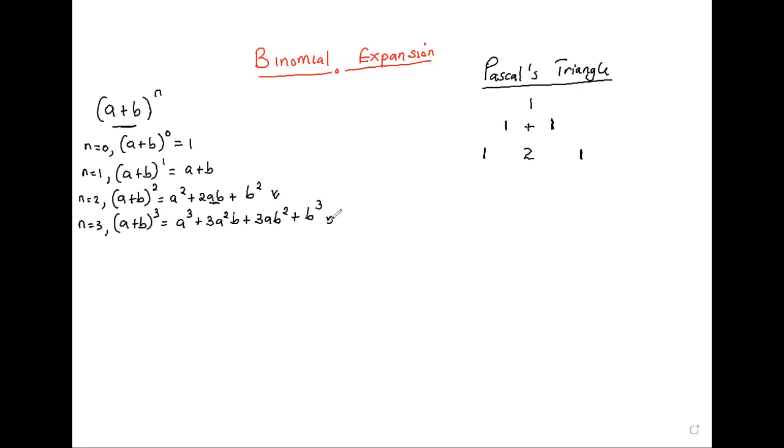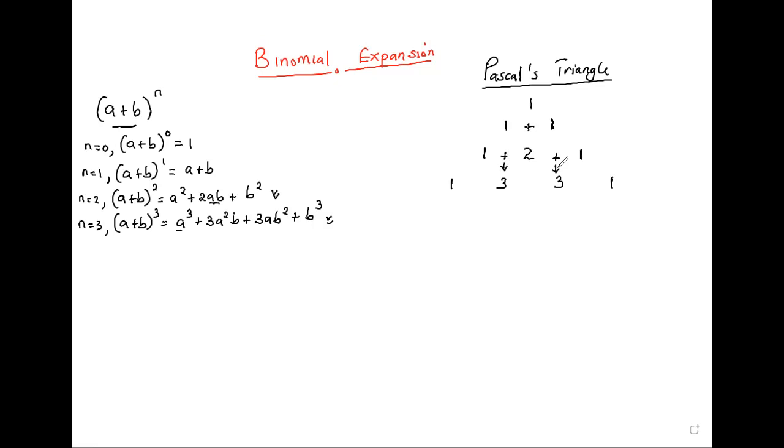If you go for the coefficients, we have 1 for a to the power 3, 3 for a squared b, 3 for ab squared, and 1 for b cubed. Again, it looks like if you add these two, we're getting this one. If you add these two, we're getting this one.